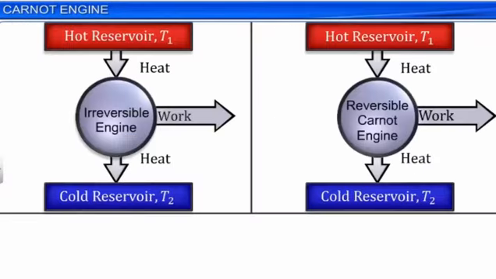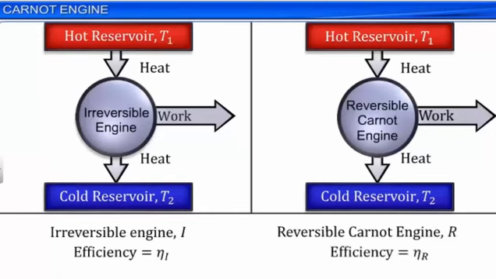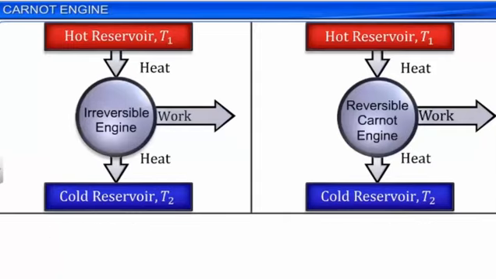Let us now compare the efficiencies of two heat engines working between the same temperatures T1 and T2. One of the engines is an irreversible engine I with an efficiency eta I, and the other engine is a reversible Carnot engine R with an efficiency eta R. Let us start with the assumption that the efficiency of the irreversible engine is greater than the efficiency of the Carnot engine.